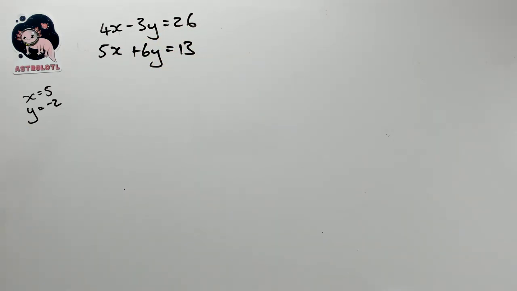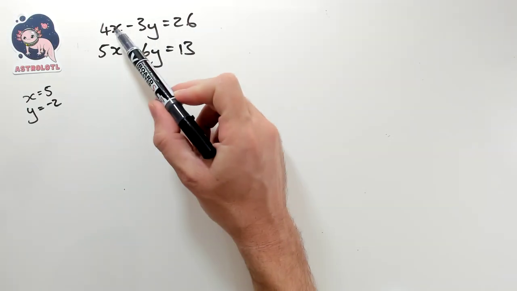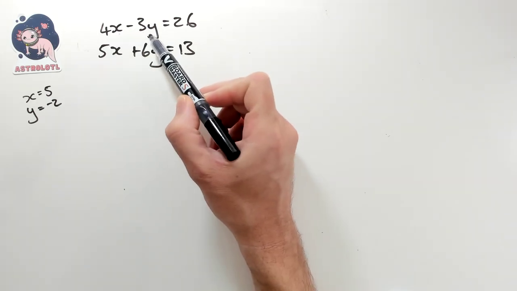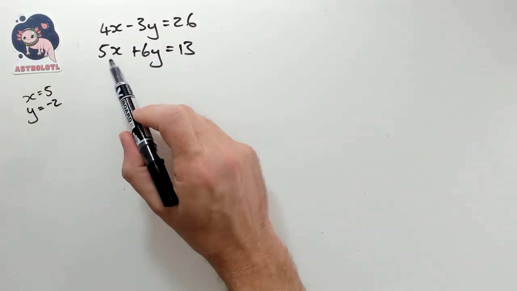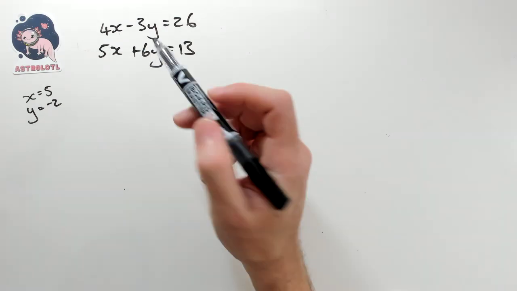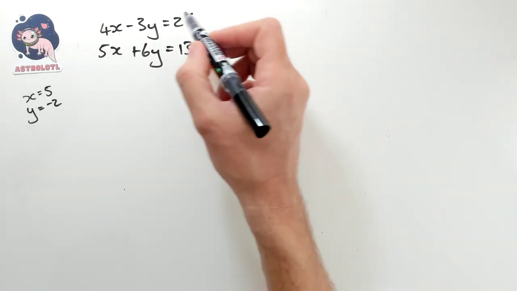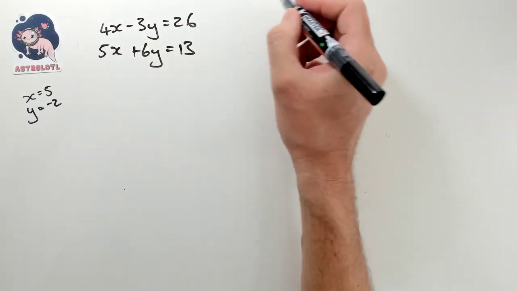Okay, so if I wanted to do substitution, I can already see I'm going to run into fractions, because I'm going to either have to divide by 4 and then 3 over 4, which is not going to work out very nicely, or divide by 5 or by 3 or by 6. So I'm just going to jump into the deep end and make x the subject here.